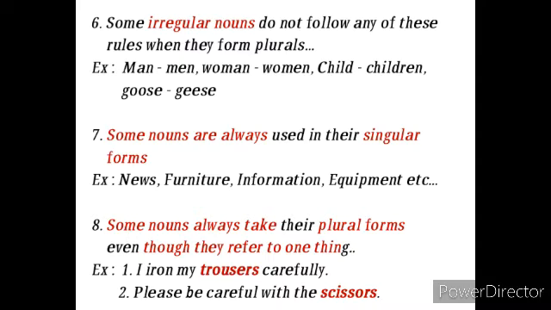Normally, trousers have two legs, so you cannot call it a trouser. Trousers we call them. Like scissors. Scissors are also a kind of tool which has two parts in a single set. So in these cases we use these plural forms to talk about a single item.